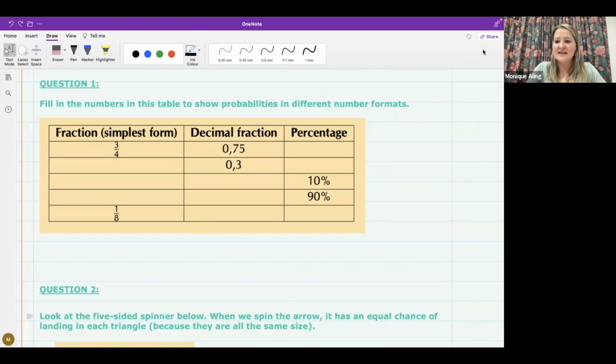Any other answers? Yeah, I was about to say, Shahima, what is happening with that second answer?